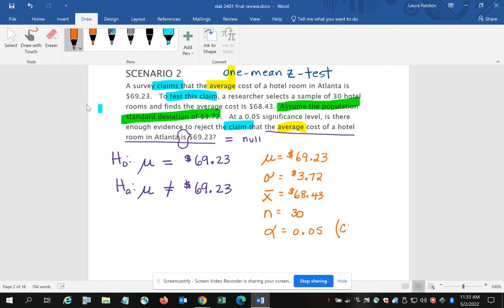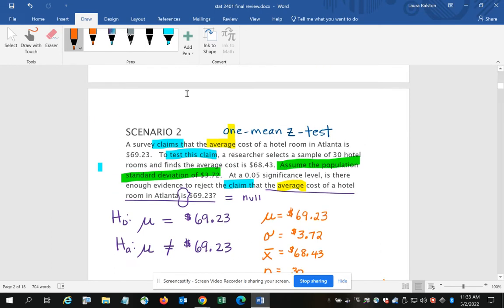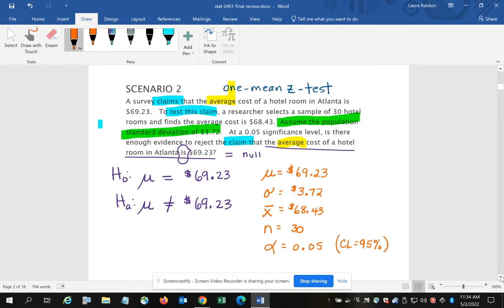Now for Minitab, it prefers you to have the confidence level. If alpha is 0.05, my confidence level is 95%. Remember, those two values have to add to 1. Okay, so I have all of the information that I need from the problem.